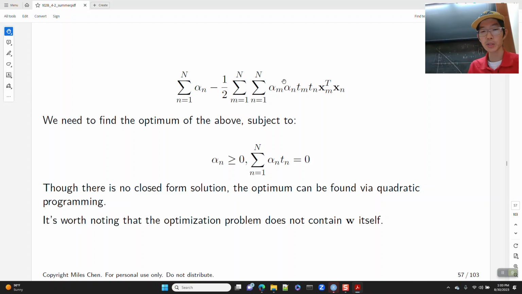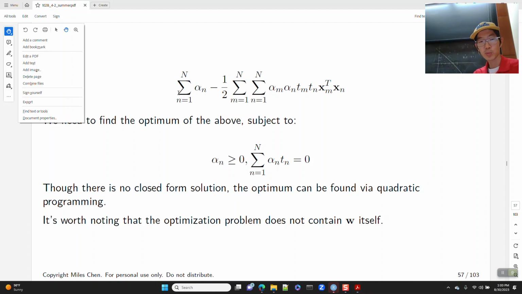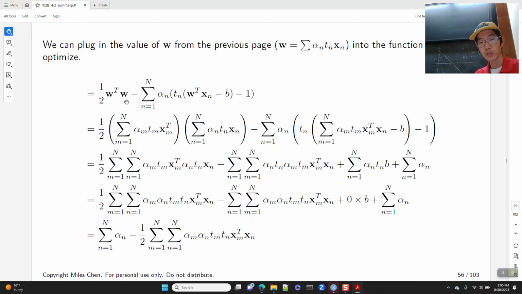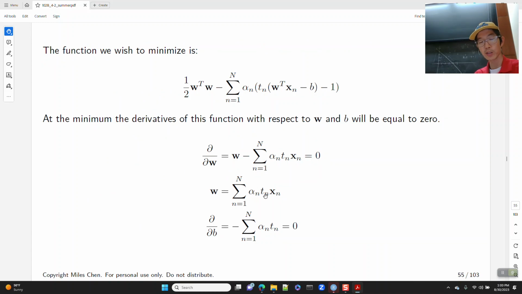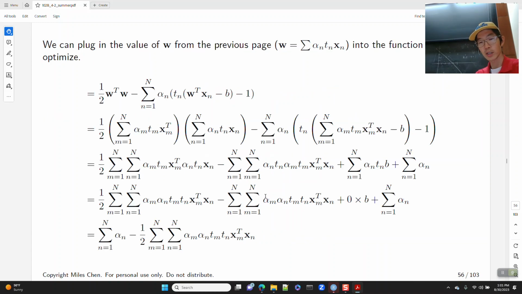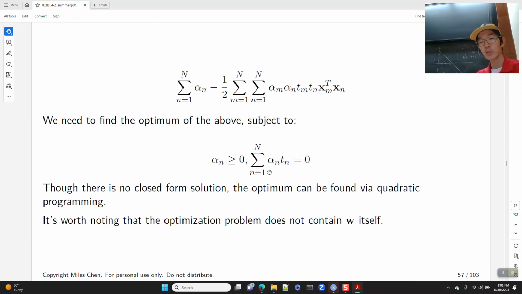But one thing to note is that the solution is just a matter of finding what the alphas are. Okay, the solution to this problem, after you replace all of the W's with this form alpha T and X, it's a matter of finding out what the alphas are. Remember, the T's are the labels for the points.